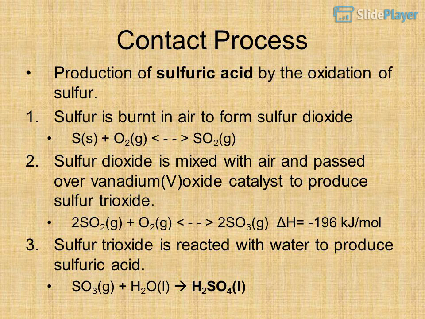Sulfur dioxide is mixed with air and passed over a vanadium oxide catalyst to produce sulfur trioxide. 2SO2(g) + O2(g) ⇌ 2SO3(g), ΔH = -196 kJ/mol. Sulfur trioxide is reacted with water to produce sulfuric acid. SO3(g) + H2O(l) → H2SO4(l).